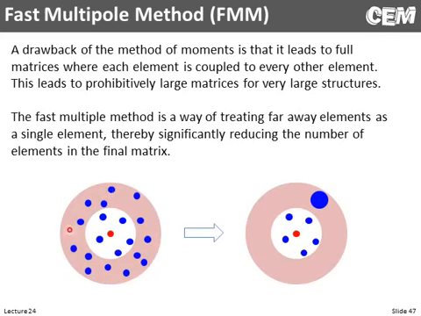Instead, we can treat these all as one single point, as long as it's very far from where we're writing our integral equation for. So in doing this, that is the fast multipole method, and it lets us get away with much smaller matrices. They are still full, but they're much smaller. And people have really accelerated the speed of computation using this.